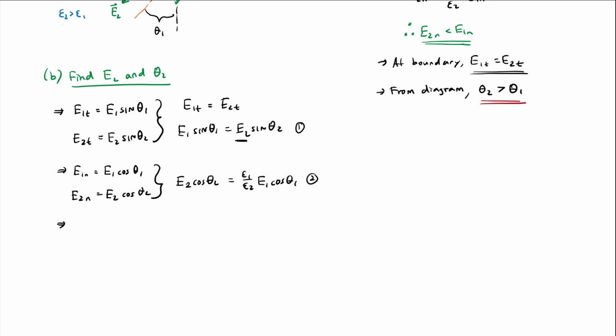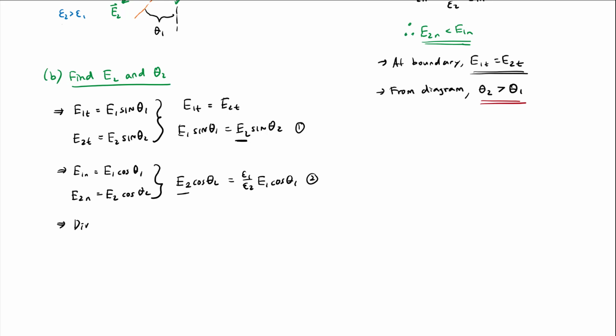So now that we have everything fully in terms of E1 and E2 with none of the E1t's or the normal components, we now solve for E2. To solve for that, it is easier to divide the two equations together so that we get a tangent function.